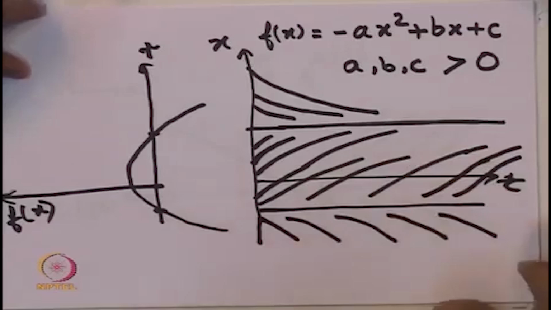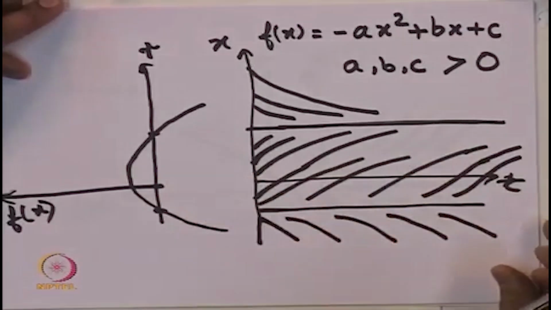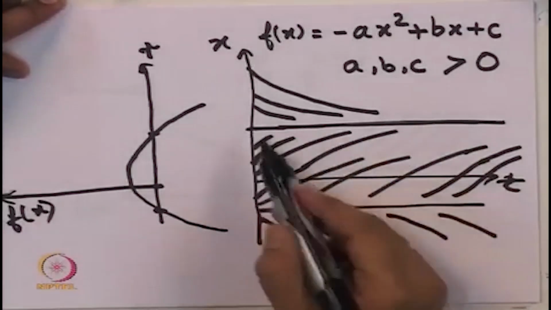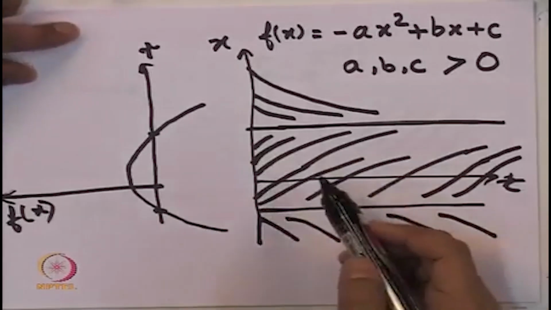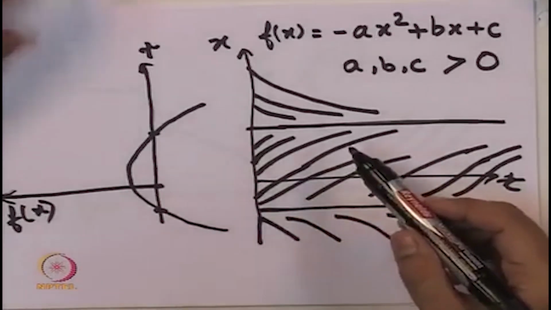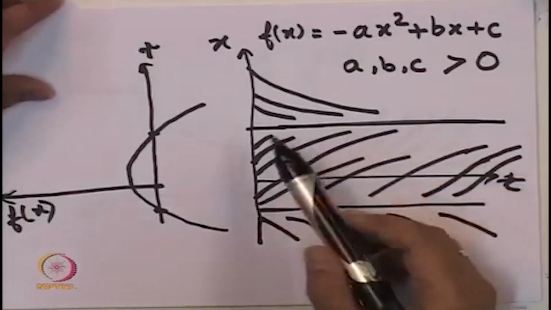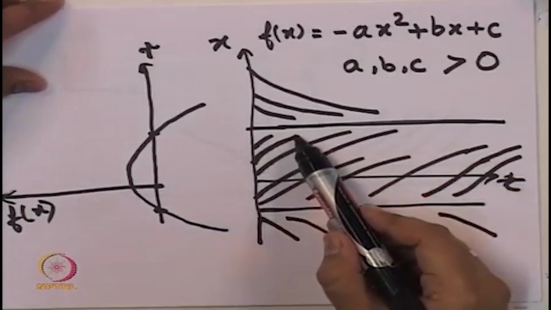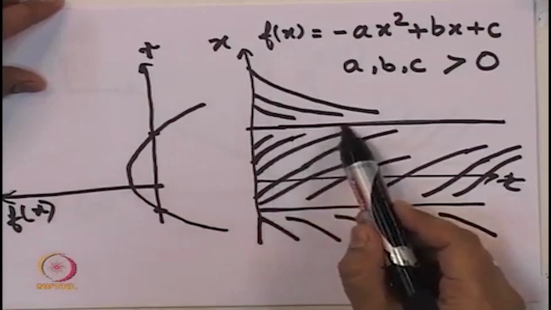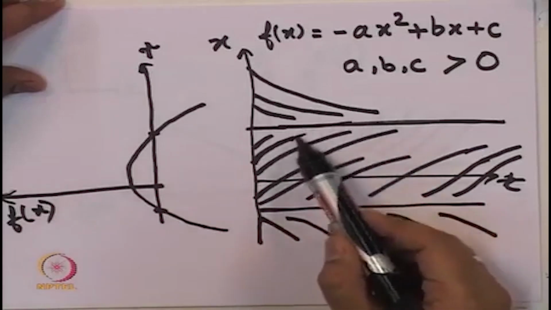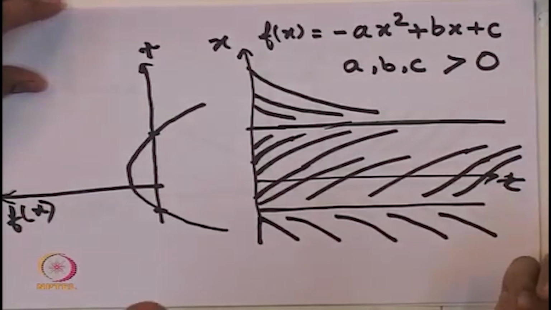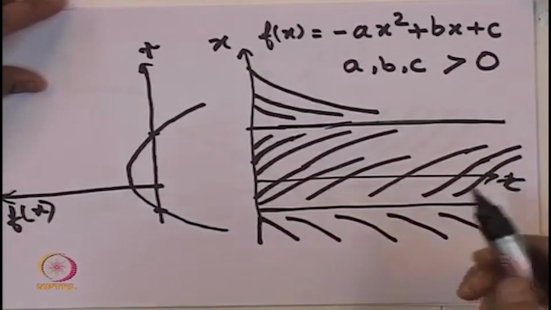So, we will investigate this particular example in more detail. We will check whether these equilibrium points are stable or unstable, and we will also ask some important questions. We will ask whether these trajectories which are approaching this equilibrium point come and meet it at a particular time instant.